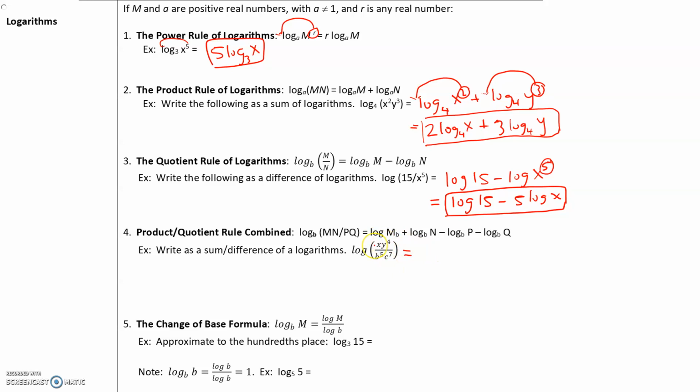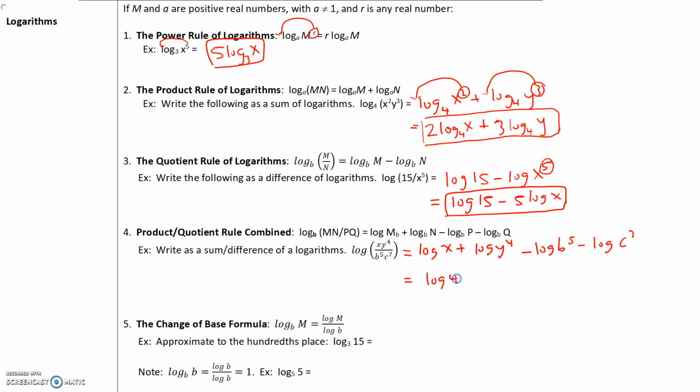So if I were to expand this, I have log of x plus log of y to the fourth. These two are in the numerator, so they both have positive signs. Any term that's being divided will have a negative sign. So it'll be minus log of b to the fifth. This is also being divided, so minus log of c to the seventh.